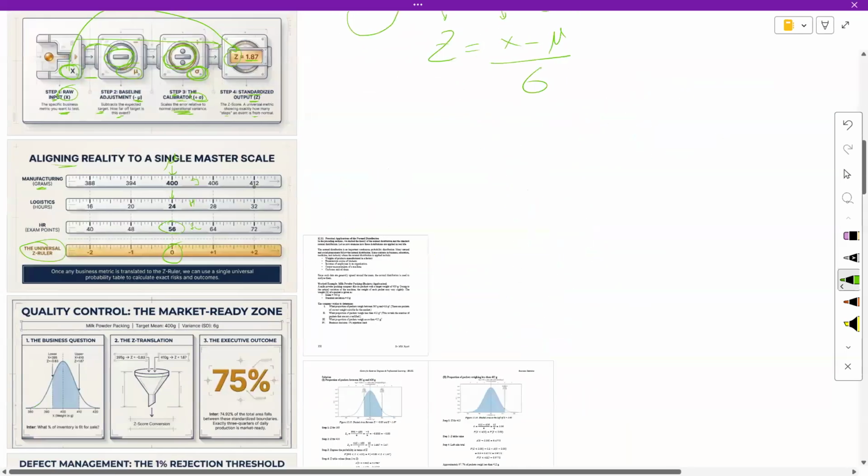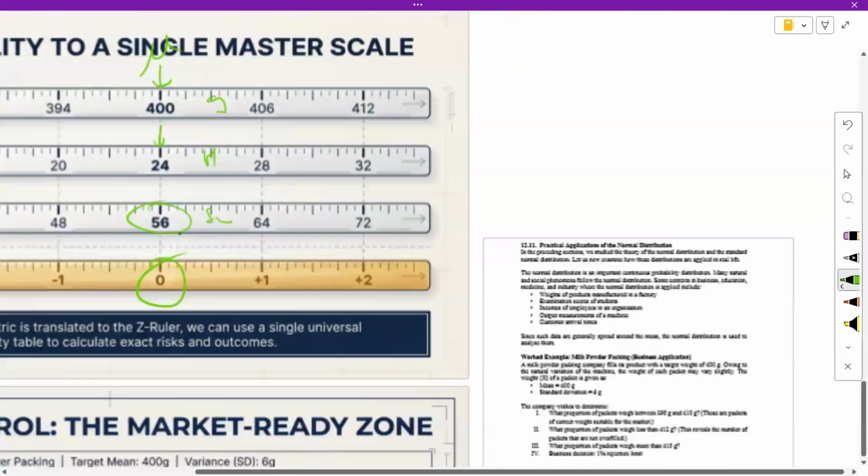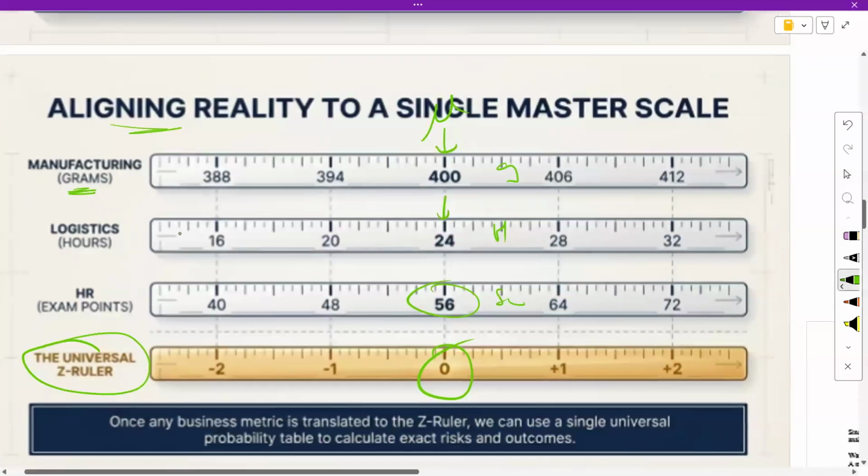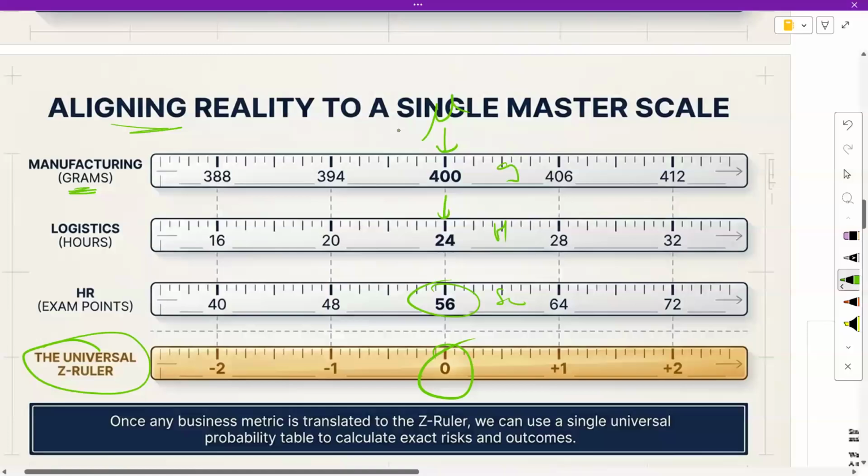So therefore, you see here, the mean value becomes 0. And here the deviation shows how far it deviates. For example, how this x value deviates from its mean, and this deviation is standardized.